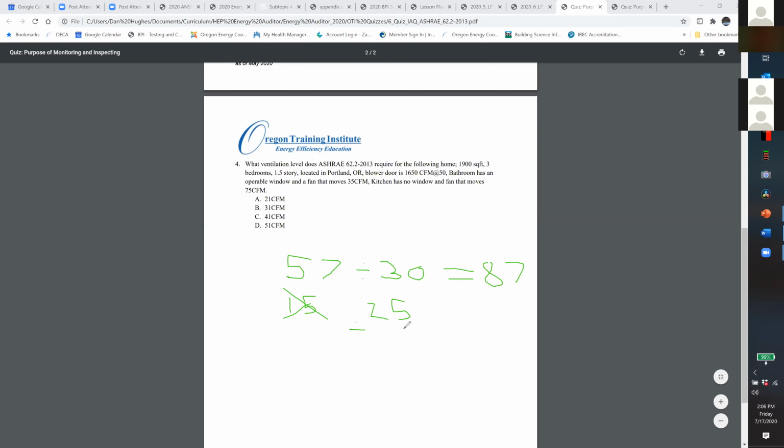So that will be our total for our fans. So we'll just divide that by 4. And we're going to tack that on. It does give us a quarter. Sometimes BPI will round up or down.